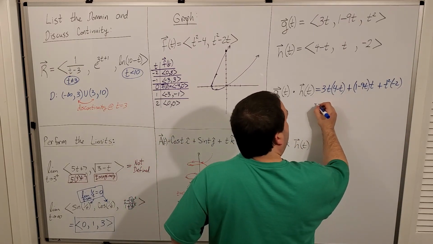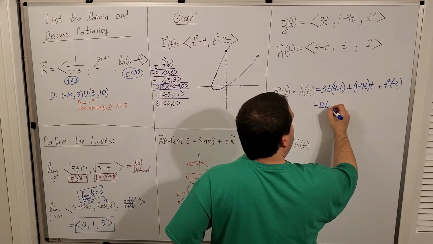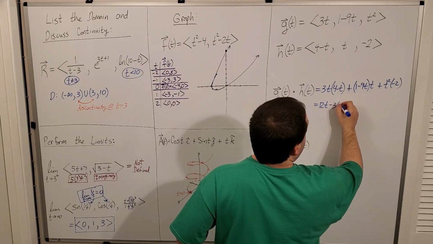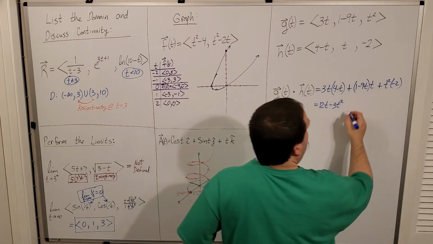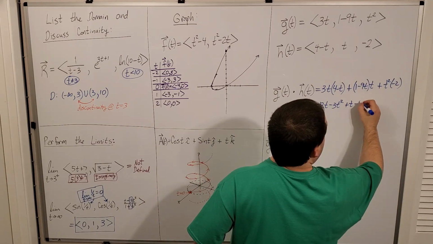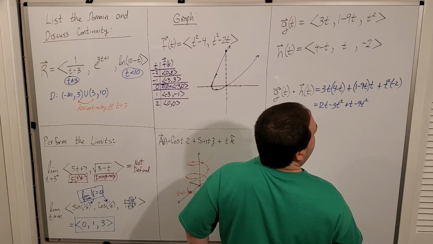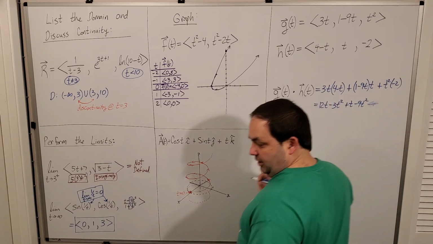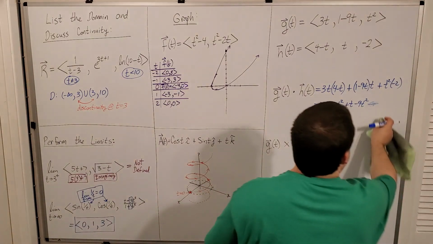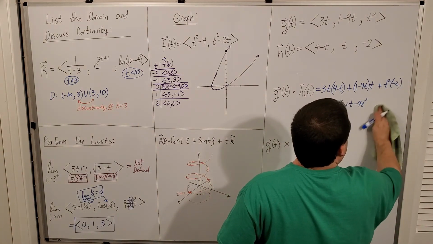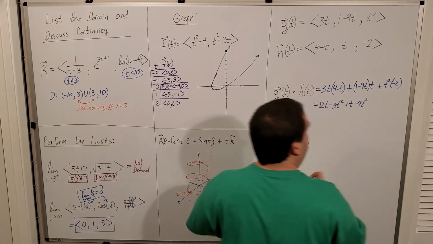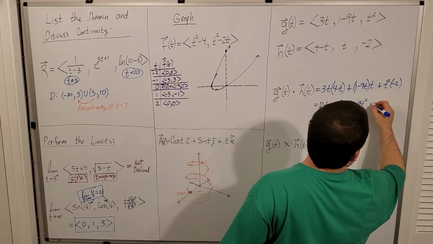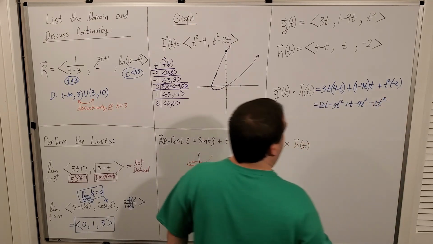So then this becomes 12t minus 3t squared plus t minus 9t squared minus 2t squared, like that.